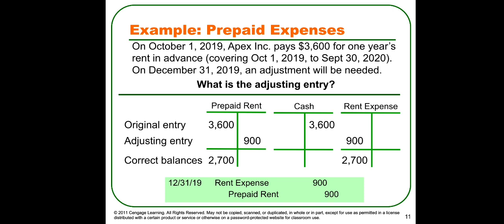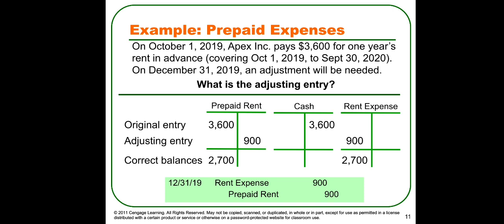Now, at 31st of December, the business closed its account. So how many months has the business used the building? The building has been used from October, November, December. Okay, 3 months only. So 3 months times $300 rent is equal to $900.